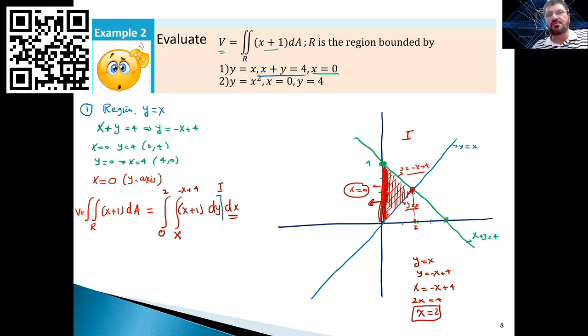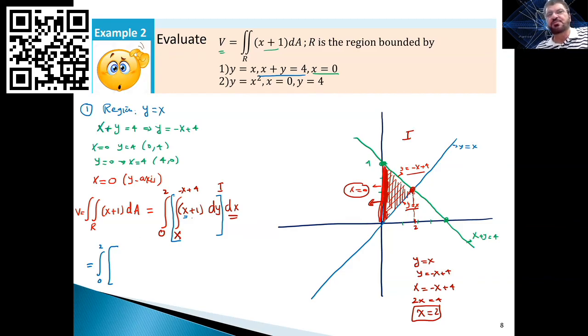We start from inside and we go to the inner integral. So we are going to integrate with respect to y. Okay. What's the integration of x with respect to y? x is constant now. So this is equal to the integration from 0 to 2. Then open the box again.